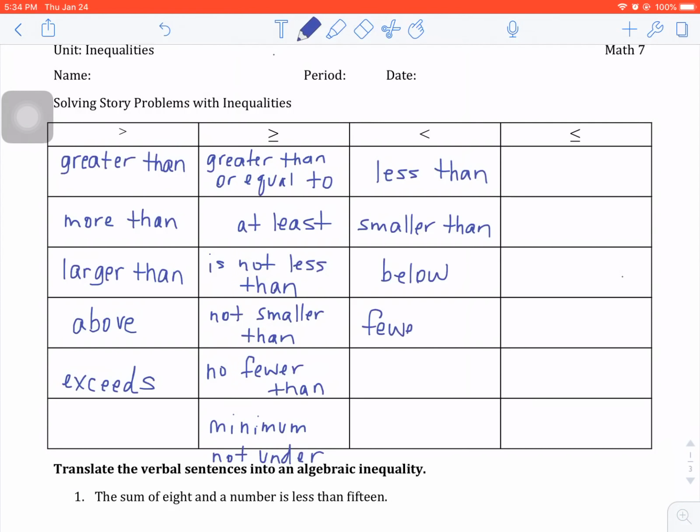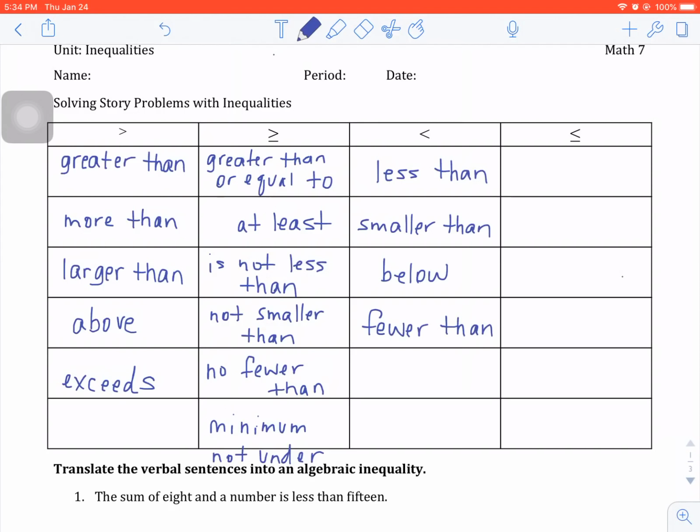Or you might see fewer than. I feel like I'm leaving one out for that one. If I think of it, we'll go back and add it later.